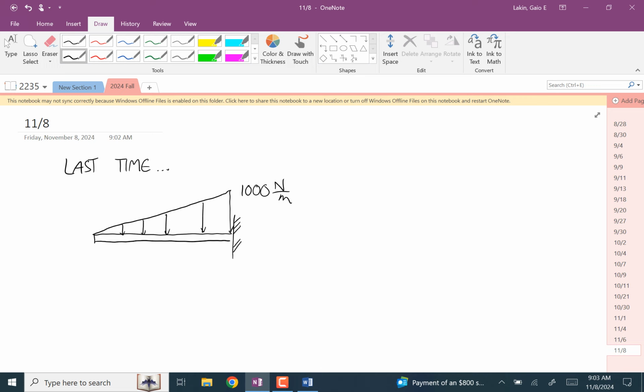Last time we did an example like this. We had a cantilever beam connected to the wall on the right side and a distributed load like this.